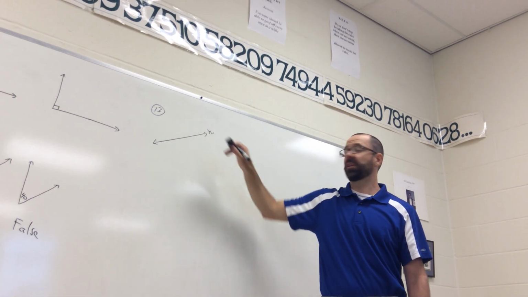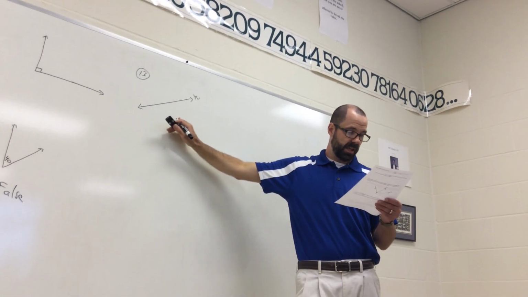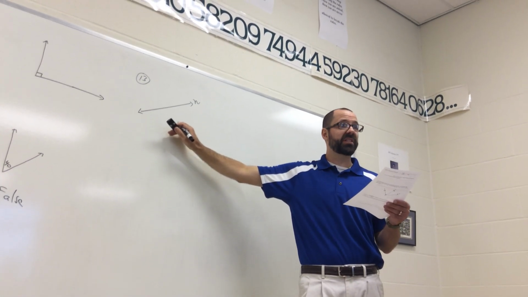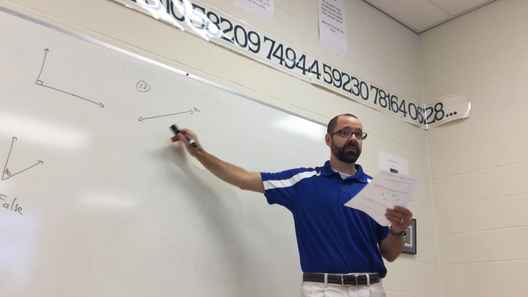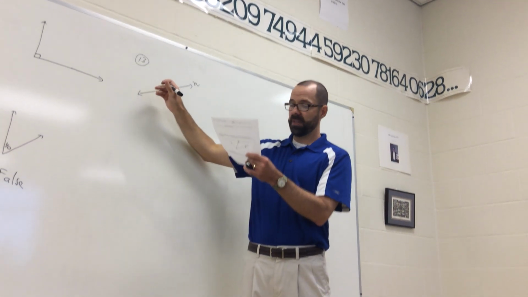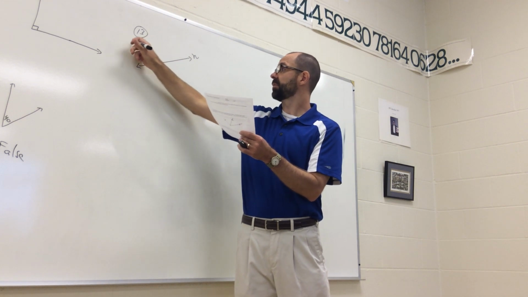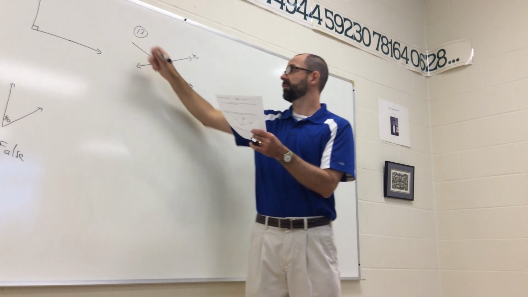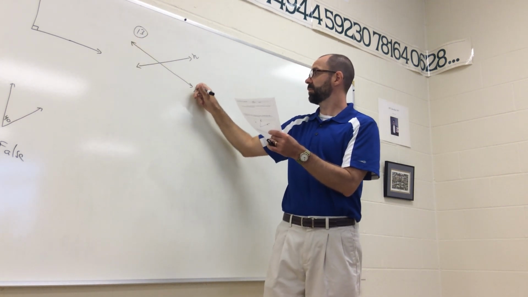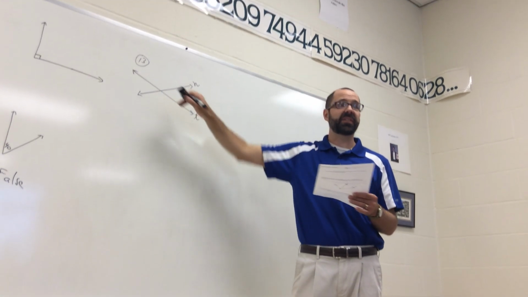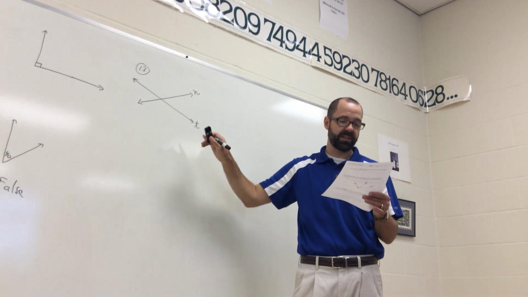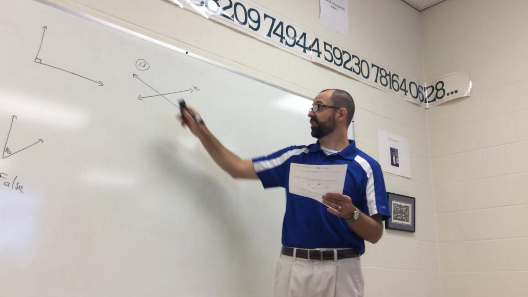So there's the line, there's the N. And then next to that, there's a cursive T. And so that means there's another line. And they're supposed to intersect. So draw another line. The cursive T means that that line is called line T. And then they're intersecting right here.